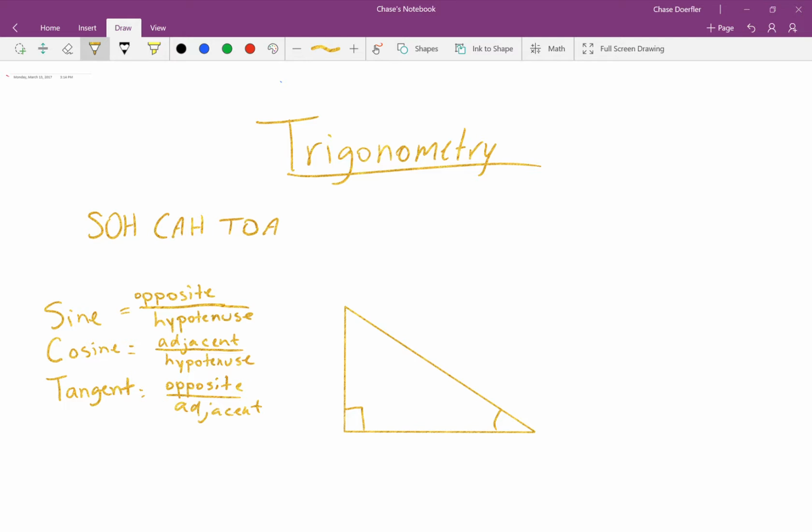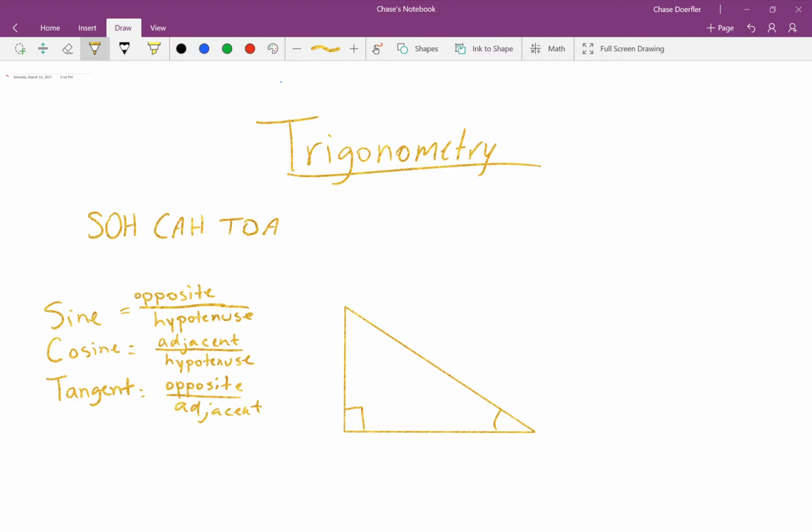S is sine, C is cosine, and T is tangent. Sine would equal opposite over hypotenuse. Cosine would equal adjacent over hypotenuse, and tangent would equal opposite over adjacent.